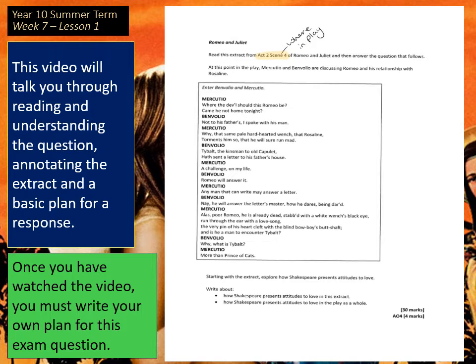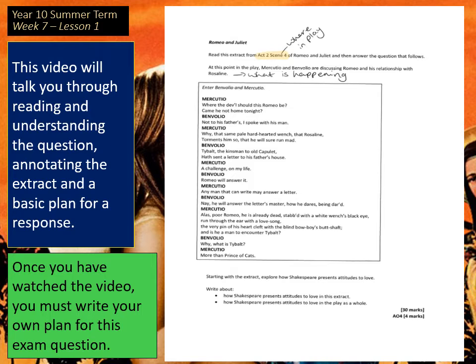You're also told what is happening in the extract. So even if you can't remember the extract itself, or you're not sure what all of the words mean, you have got some sort of context. You can sort of piece together what is happening because you're told what the extract is about. Okay, let's read the extract.